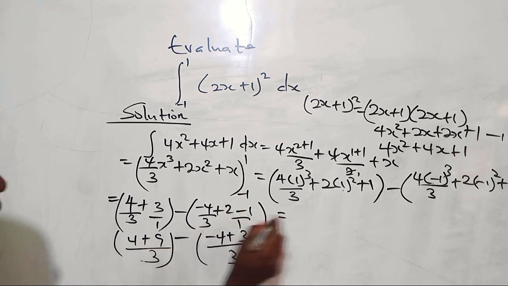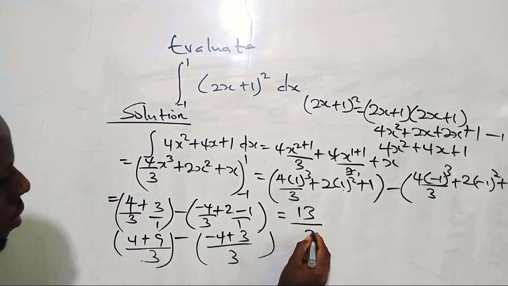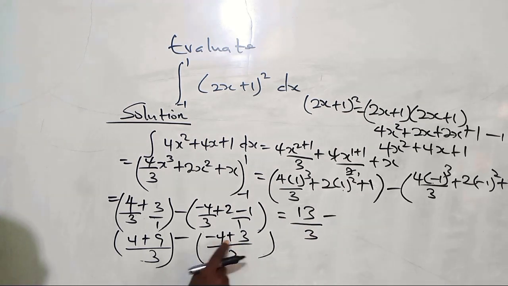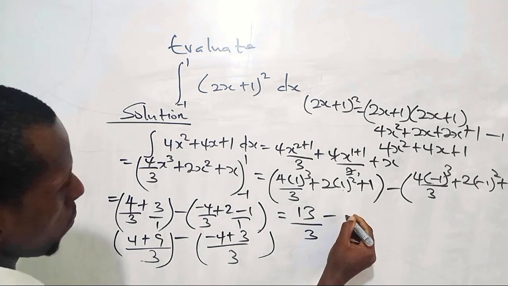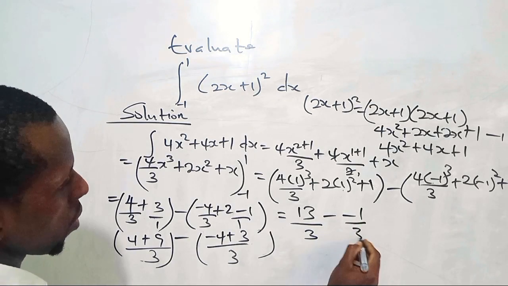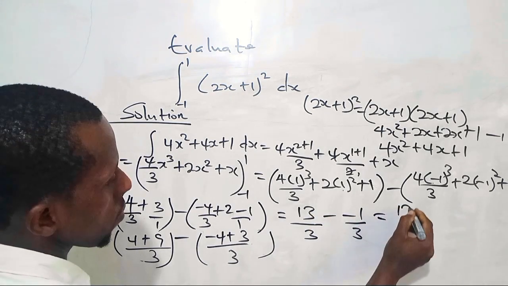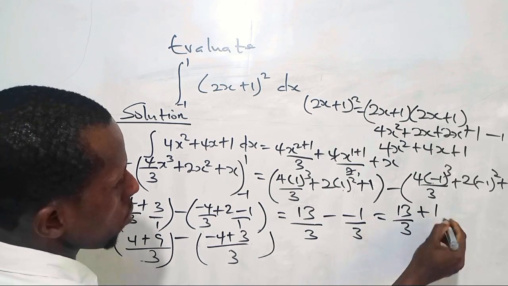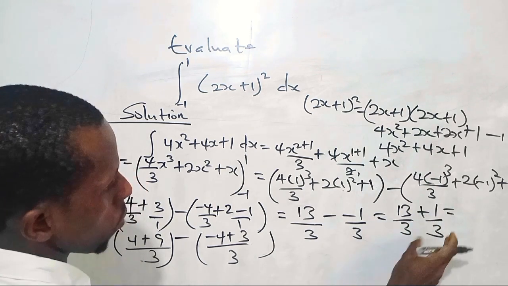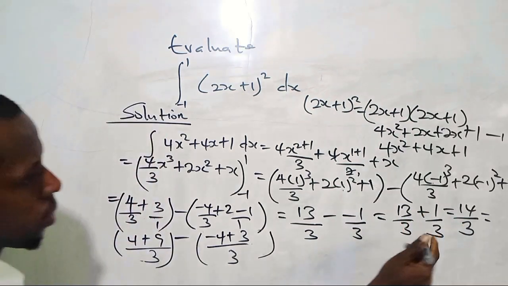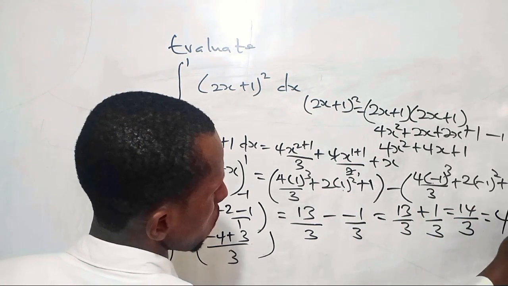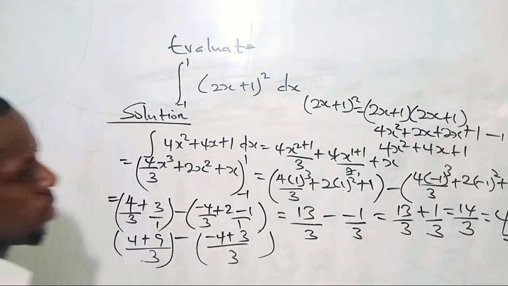From here 4 plus 9 is 13 over 3, minus minus 4 plus 3, which is minus 1 over 3. That is the same as saying 13 over 3 plus 1 over 3, so 13 plus 1 is 14 over 3. When I change this, I have 4 whole number, 2 over 3. Thank you very much.